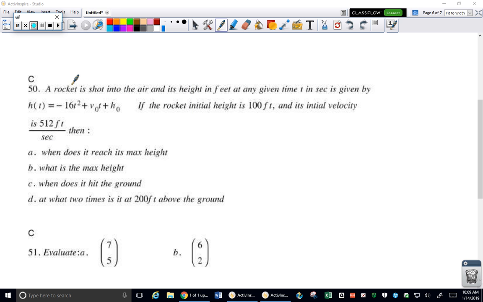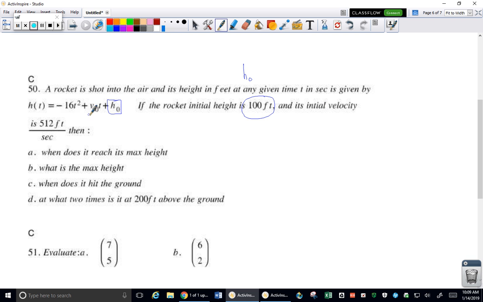Okay, at number 50, we're given a general form for something. Height is in feet, and t is in seconds. So the initial height of 100, that's your h sub 0. Your initial height is 100.